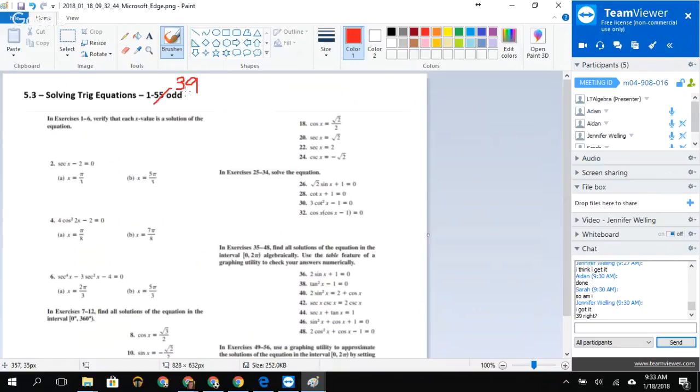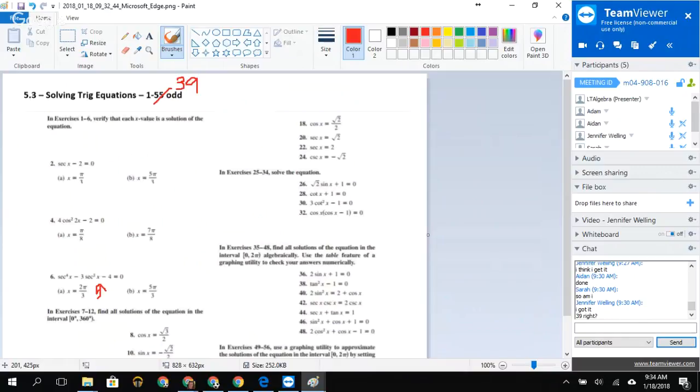The first little part says we're going to verify that an x value is a solution to an equation. So this is very easy stuff. Basically, you're plugging your x value into an equation and seeing if it's true or not. If you get stuck on that in your homework, let me know, but I think you can all do that.